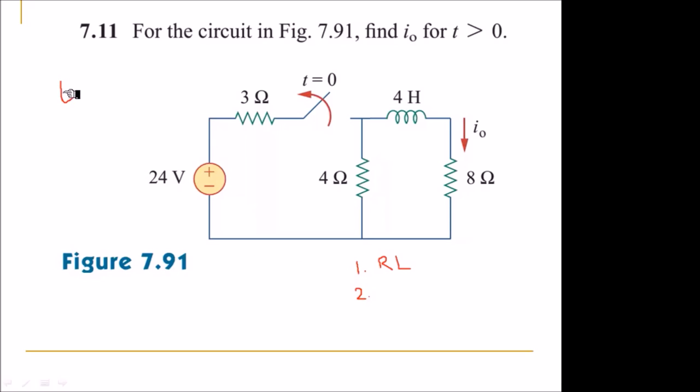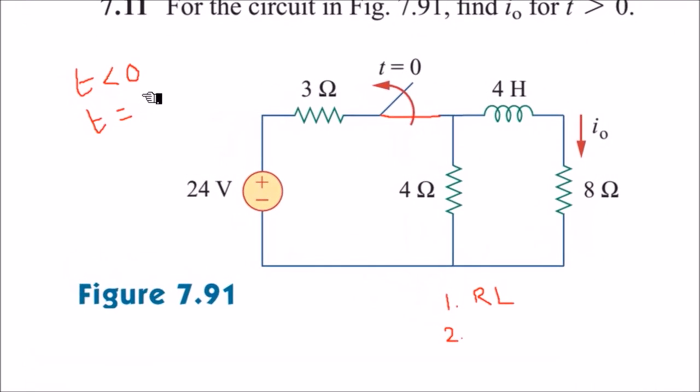When t is less than 0, as per the circuit condition, the switch is closed. So current will be flowing through mesh 1 and mesh 2, and definitely through the inductor.